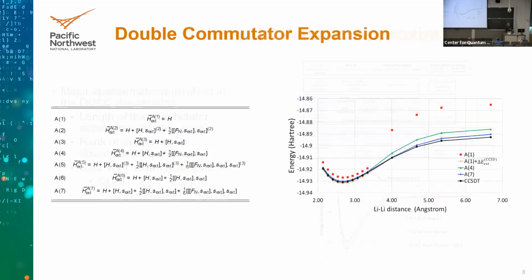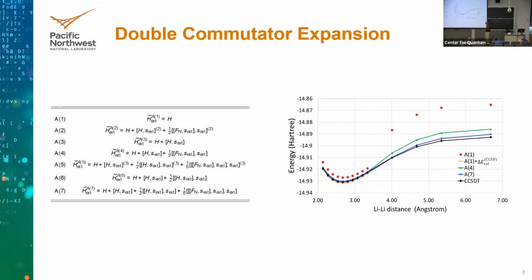So we quickly realized that the single commutator expansion, as used for H2, doesn't give you good accuracy for the bigger system. So this is the lithium dimer, and this is how it works.